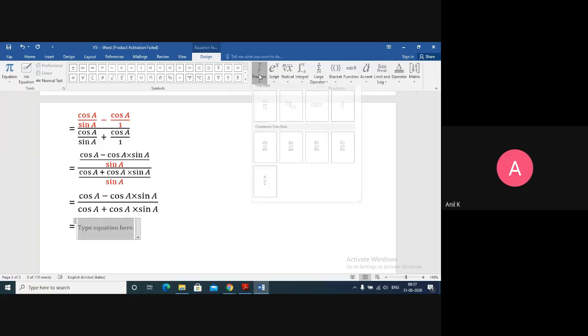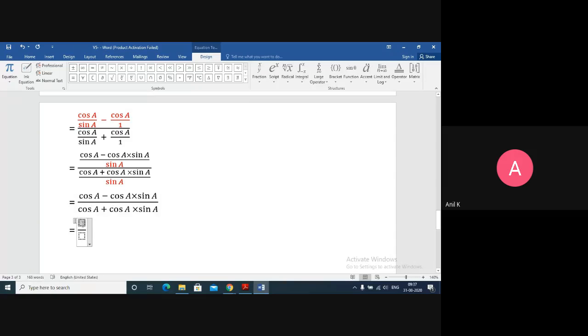Now in the numerator, what you can do is, you see here, cos A is there. Numerator I'm talking about only this one. Cos A is there, here also cos A into sin A. So I can take cos A common from both the terms.